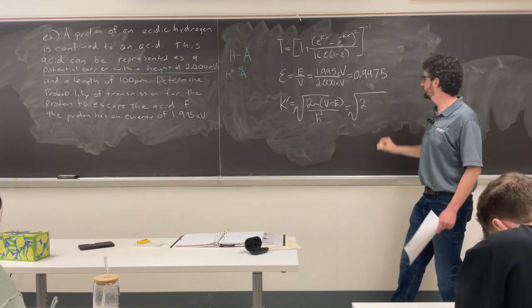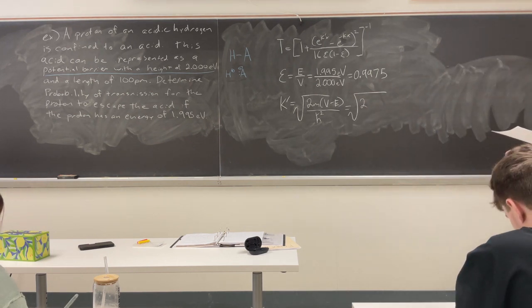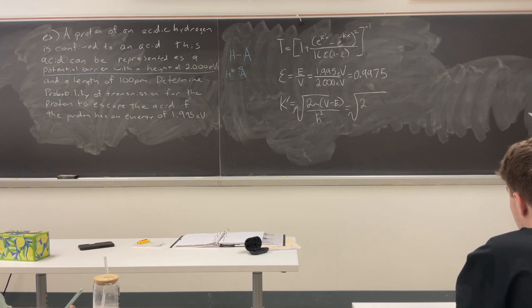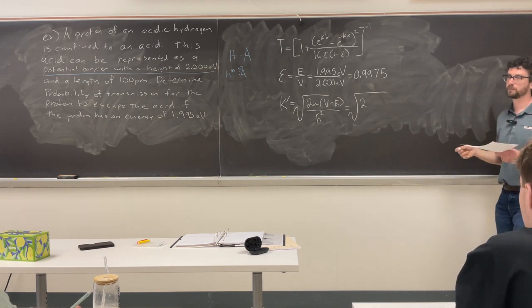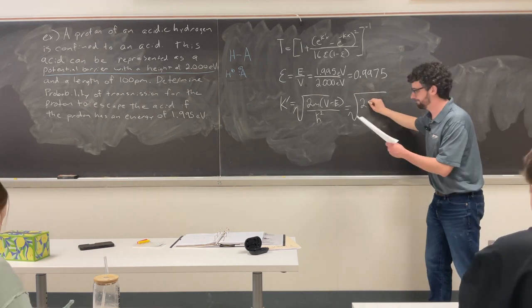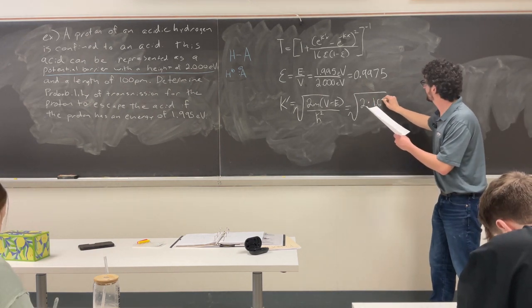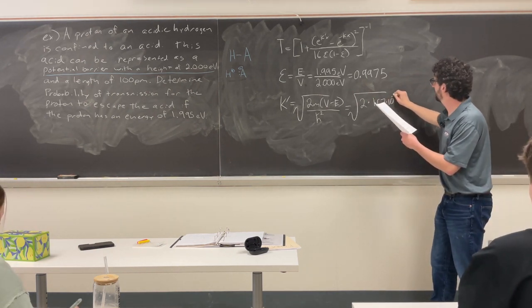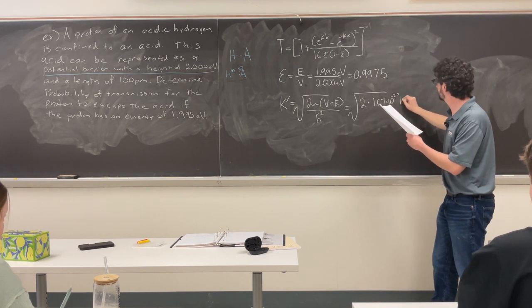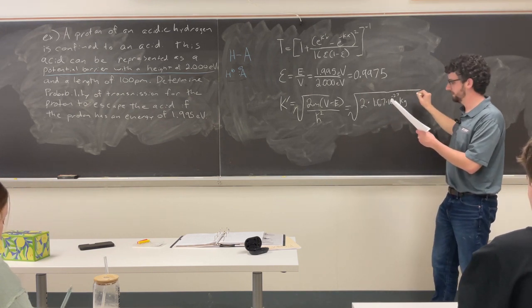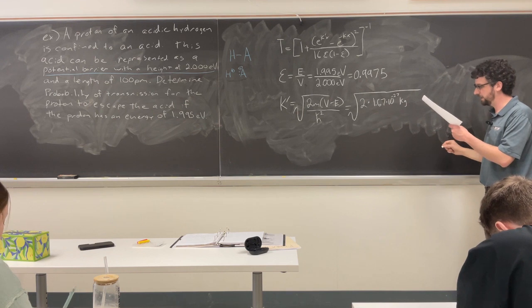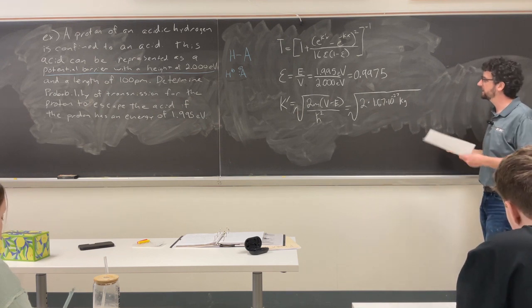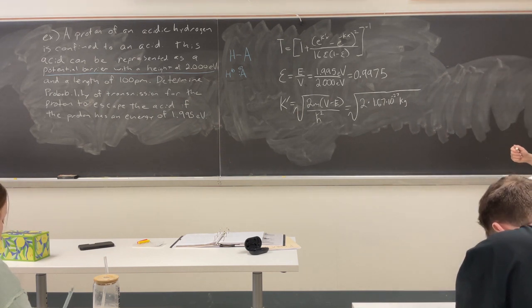Okay. 2m. What is our m in this case? Mass of a proton, yep. 6.7 times 10 to the minus 27 kilograms. Okay, and then we have V minus E. What will the value of that be?